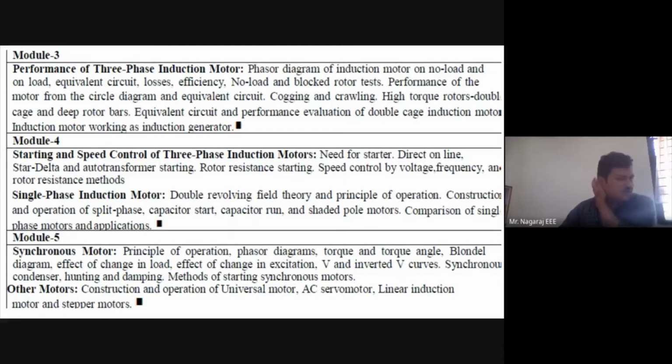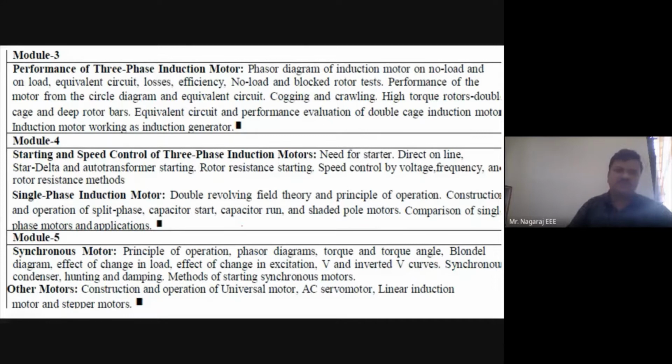Induction motors have engrossed all the applications of mechanical power where we need mechanical work to be done, because induction motors are very strong, very simple in construction, and very low maintenance motors.